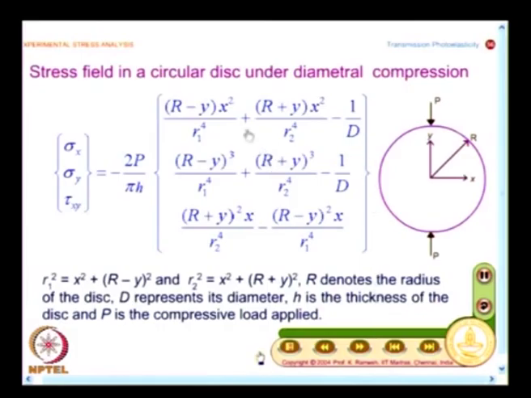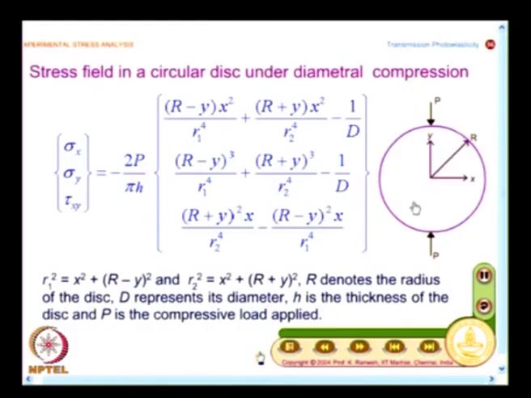And in the last class we saw the stress field for the disk under diametral compression, with sigma x, sigma y and tau xy, and these are the expressions we noted down earlier. We take the center of the disk as the origin and r is the radius.